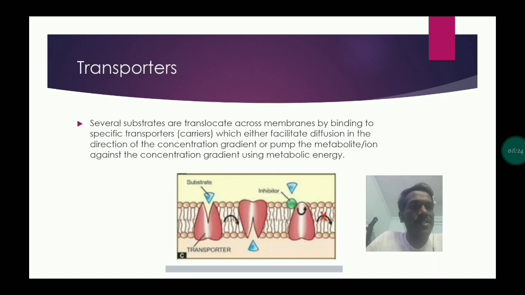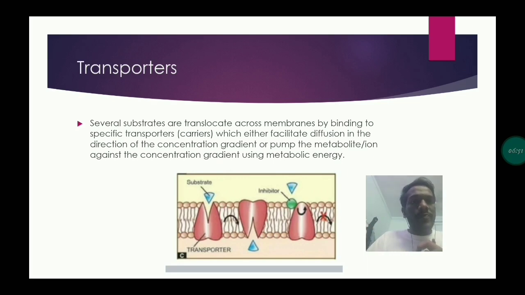Transporters are membrane bound structures present on the cell membrane, obviously. A transporter can either facilitate diffusion in the direction of the concentration gradient, or it can be a pump, which pumps metabolites or ions against the concentration gradient using metabolic energy, that is ATP.